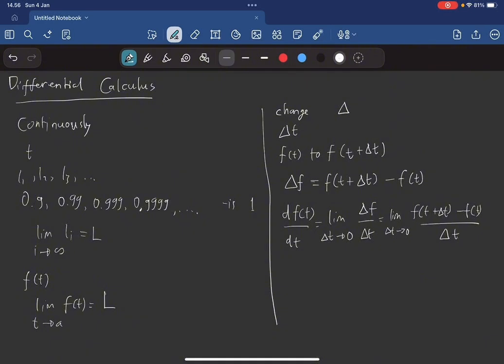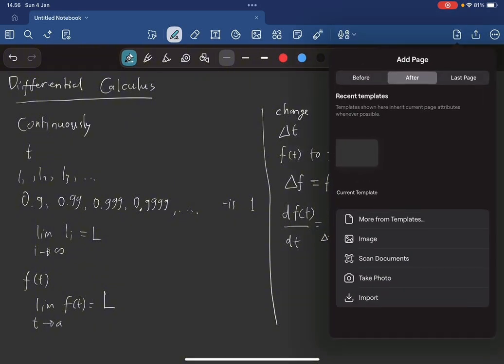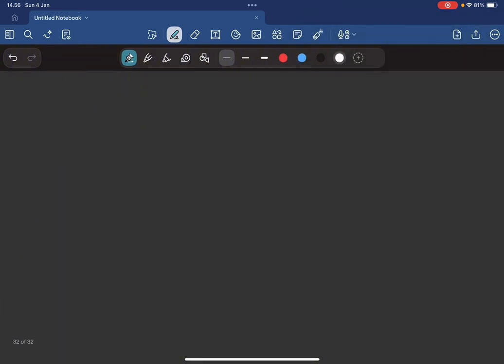Let's calculate a few derivatives. Begin with functions defined by powers of t in particular. Let's illustrate the method by calculating the derivative of f(t) equals t squared.